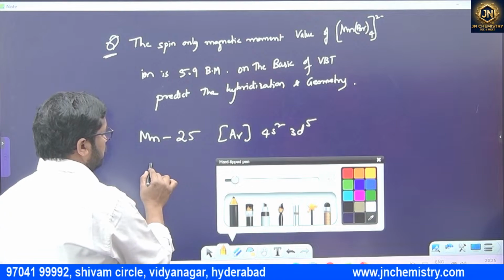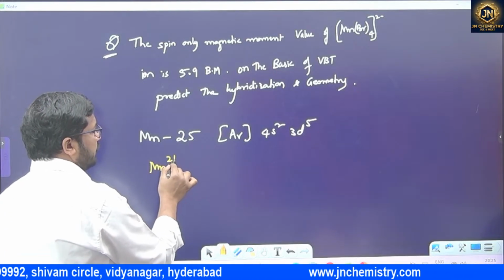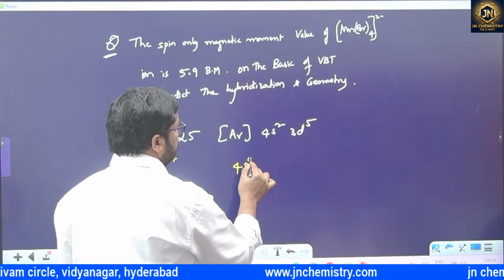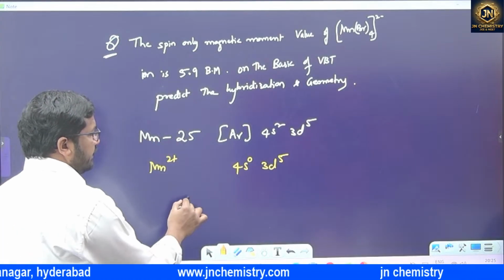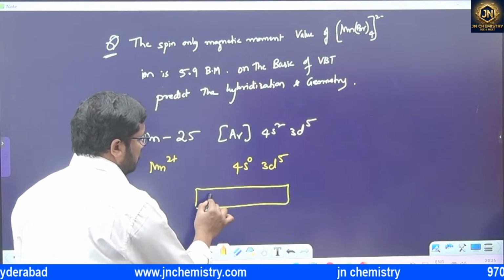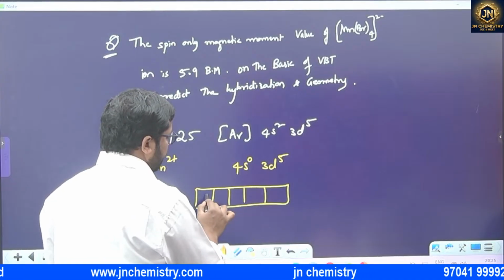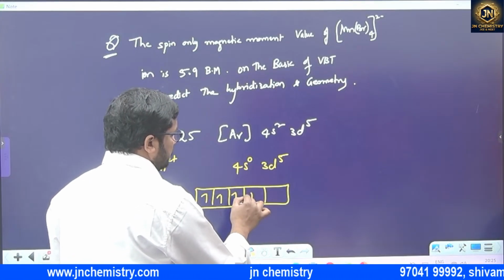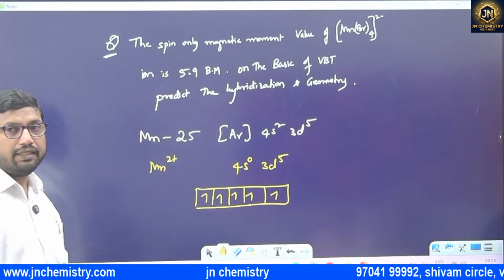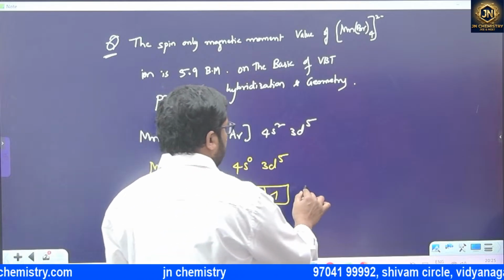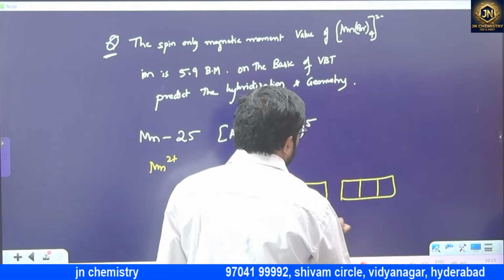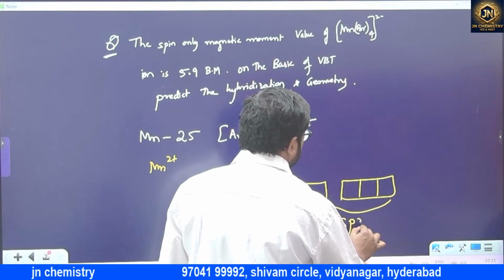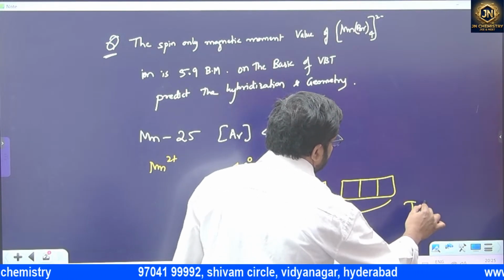Plus 2 means Mn2+ is 4s0 3d5. So 3d5 has 1 2 3 4 5 unpaired electrons, and here it undergoes sp3 hybridization.